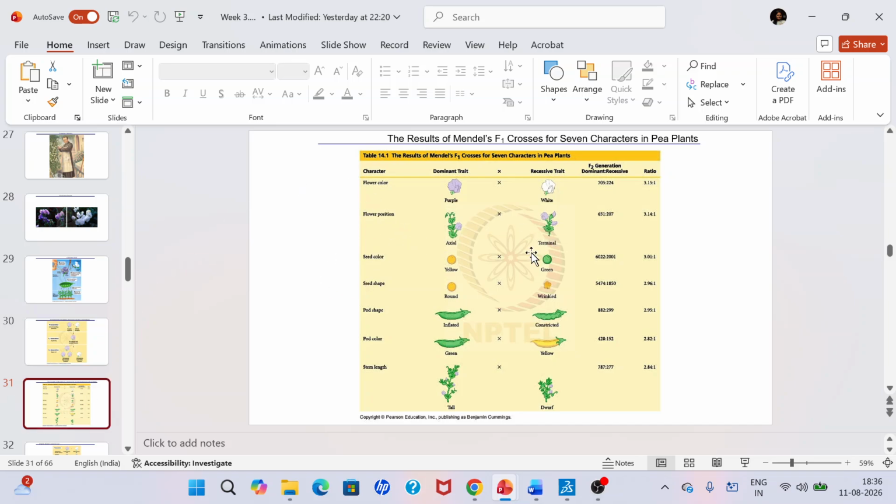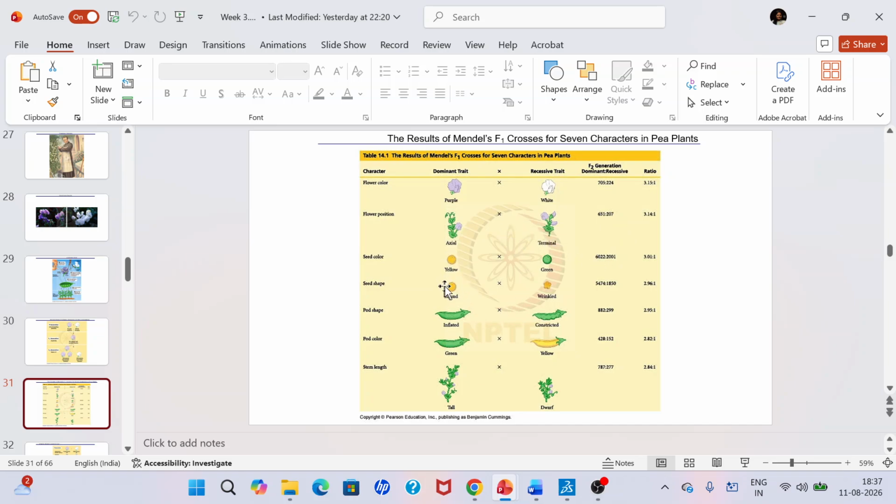He then further looked at the results, and according to the results, the dominant trait was purple and the recessive trait was the white color of the flower. For flower position, the dominant trait was axial and the recessive trait was terminal flowers.